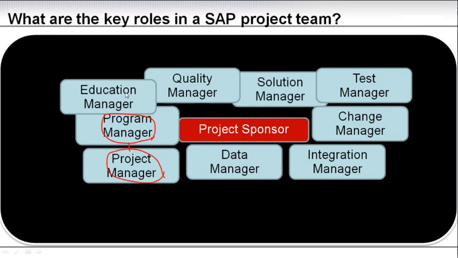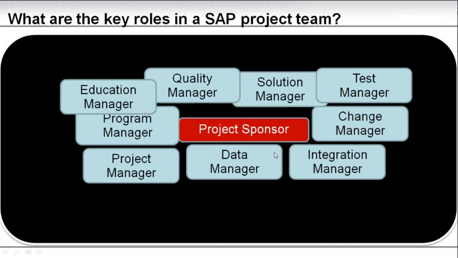And then you have, depending on the size of the project, a number of functional or sub-track leads. How many you need, whether education and change manager are one or two persons, or whether the integration and the data manager can be the same, is really up to the size and scope of your project.